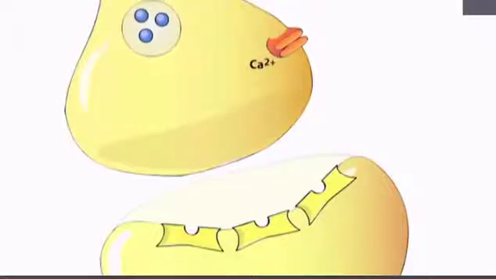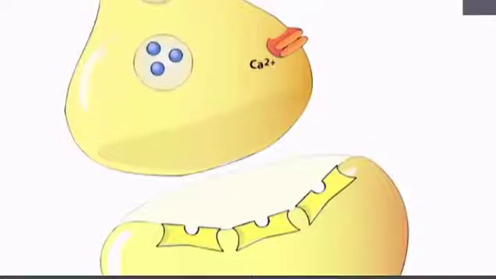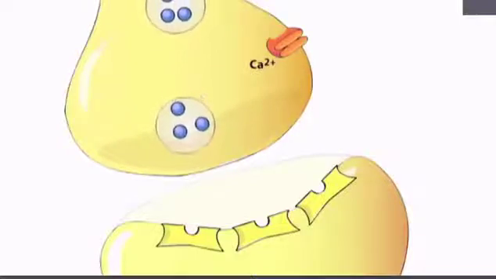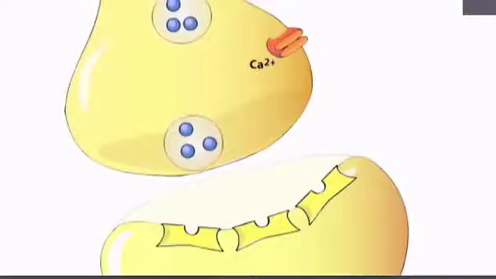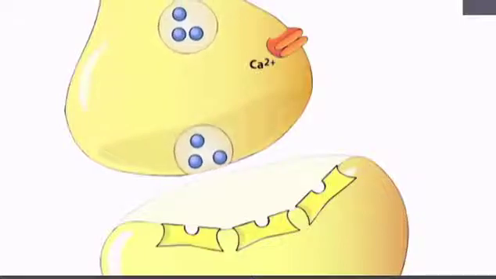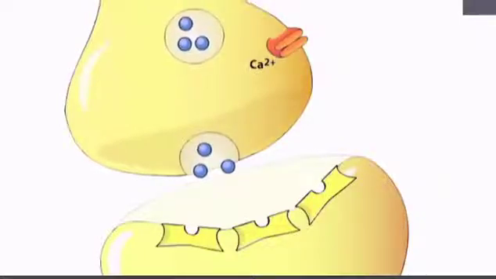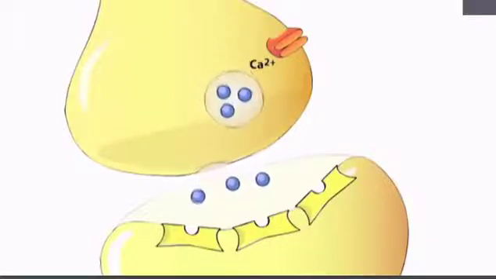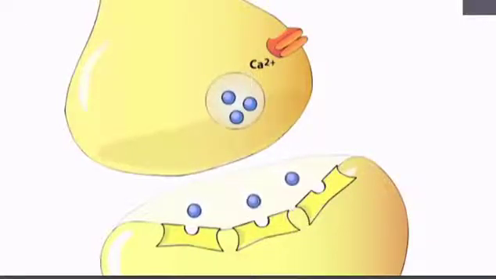And that calcium in the cell triggers exocytosis of neurotransmitters that have been packaged in vesicles. So whatever neurotransmitter that cell is producing is going to be packaged and ready to go, and when the action potential gets there, it opens up the calcium channel, and those neurotransmitters are going to be secreted. That neurotransmitter then diffuses across the synaptic cleft, and it binds to a membrane receptor on the postsynaptic nerve.